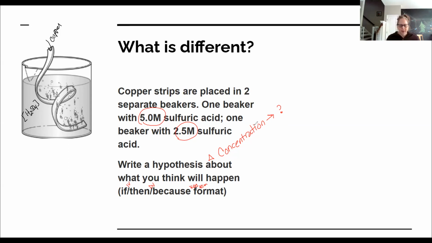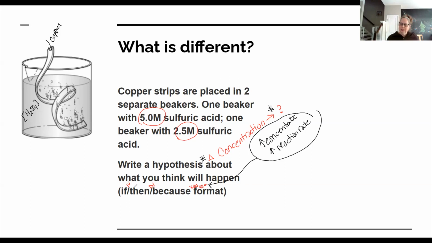If the experimenter changes the concentrations of acids, the 5 molar sulfuric acid will, let's see what will happen, react faster than the 2.5 molar sulfuric acid because if we increase concentration, we increase reaction rate. So increase concentration, increase reaction rate, that was my key term.